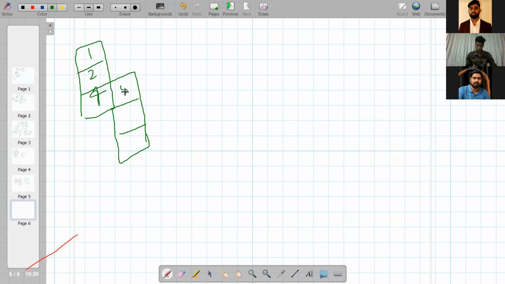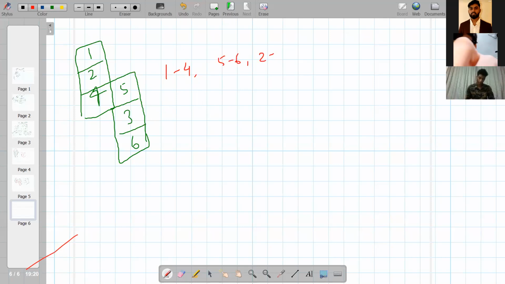All right, so this is the dice that is given, and 1 and 4 are opposite to each other clearly. What else? 5 and 6 are opposite to each other, and 2 and 3 are opposite to each other.